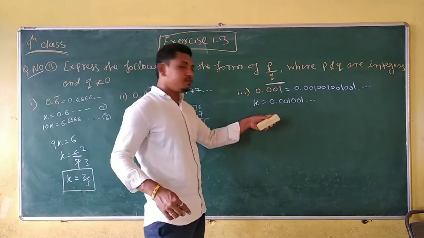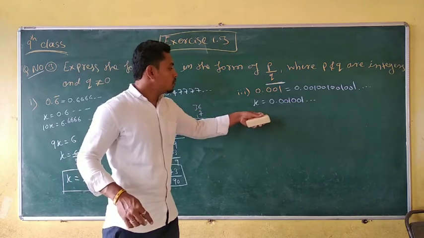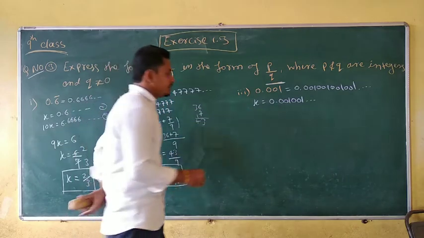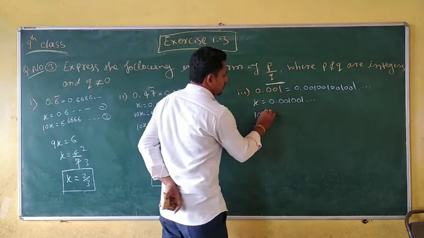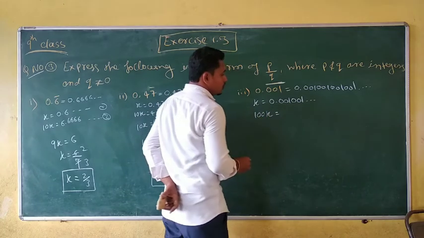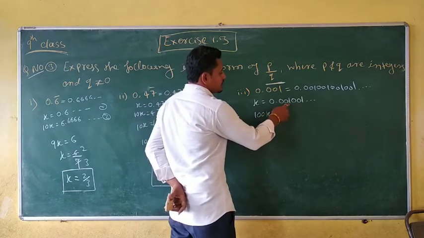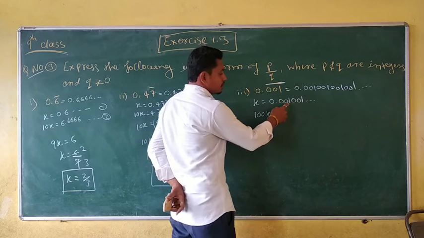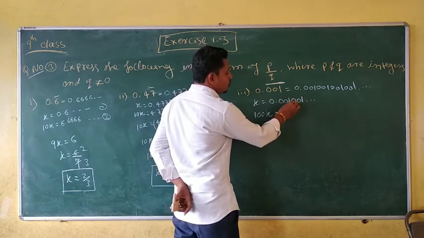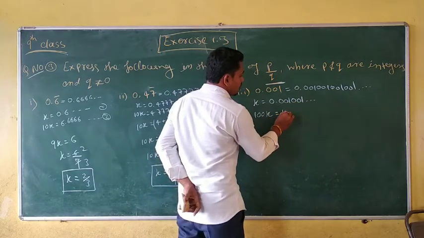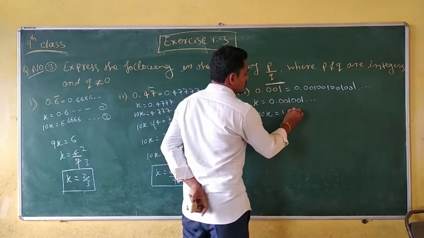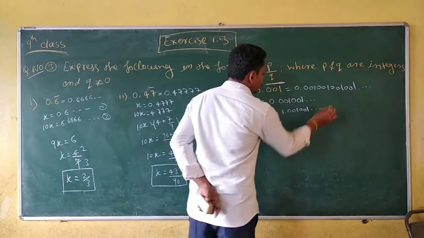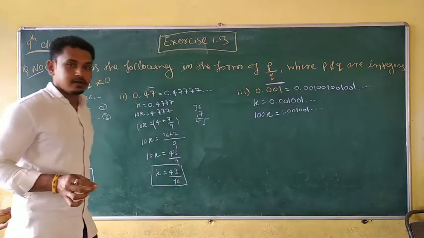But in case of this question, we have to multiply by 100 on both sides. 100x is equal to, so after 3 digits, give 1 point. So it becomes 1.001001, and so on.